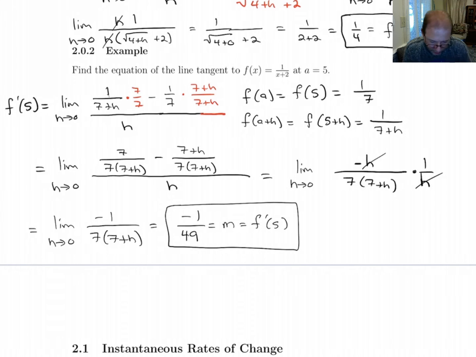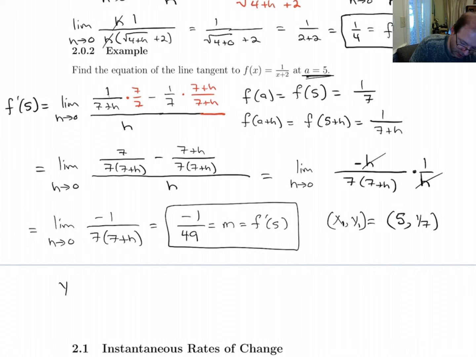All right, let's find the equation of the line and then graph it to see that this is what we get. The point that we have, x1, y1, is 5, and the y coordinate that goes with that is 1/7. So what I get here is y minus 1/7 is equal to negative 1 over 49 times x minus 5.